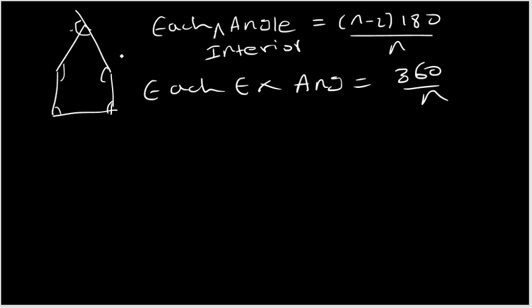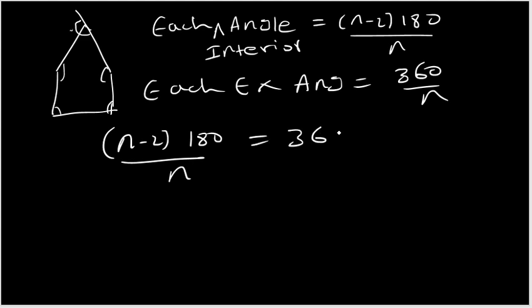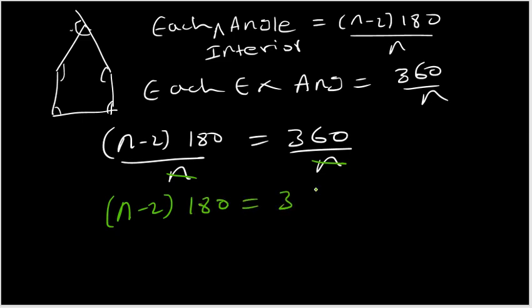First of all, let me equalize the two. (n minus 2) times 180 over n is equal to 360 over n. n is the number of sides, so it cannot be 0, so we can cancel it from both sides because it's the denominator. What's left? (n minus 2) times 180 is equal to 360.